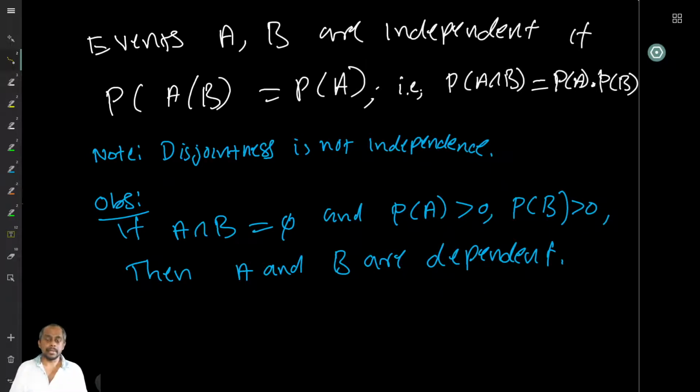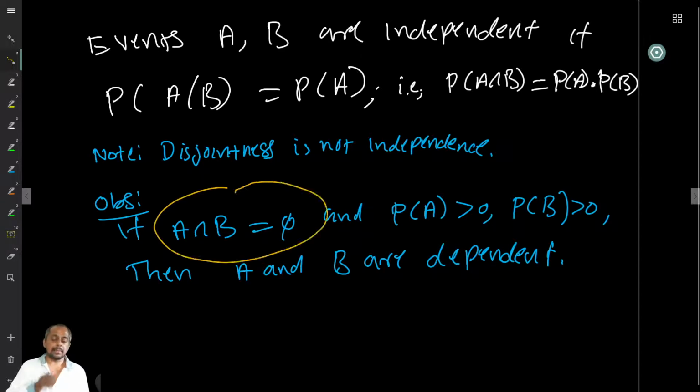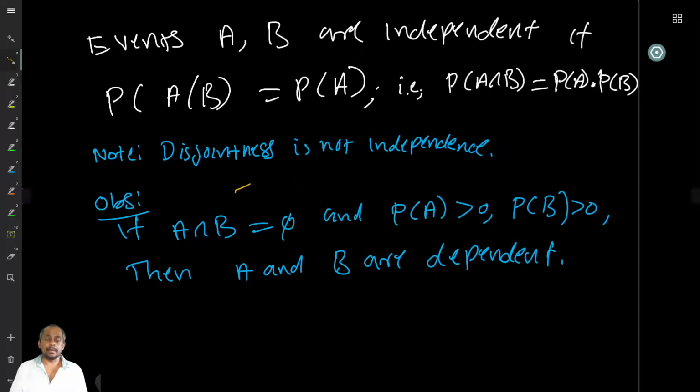So they are actually dependent, because probability of A given B is going to be probability of the empty set, which is 0. So disjoint events are usually always dependent.